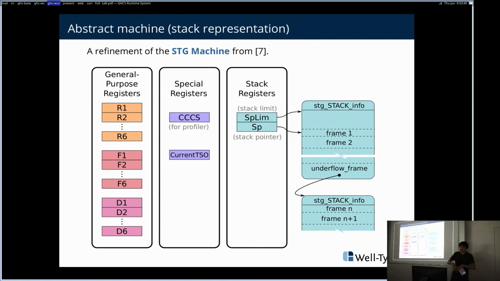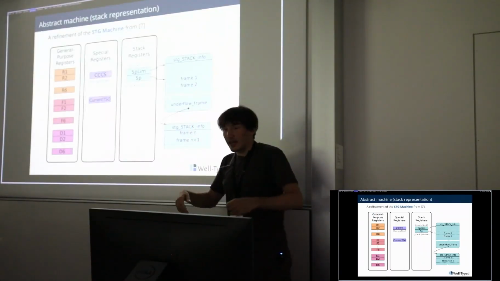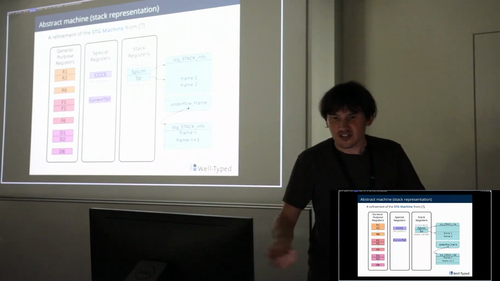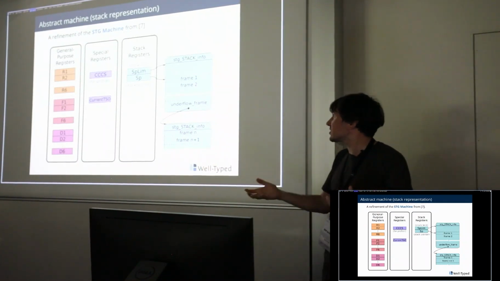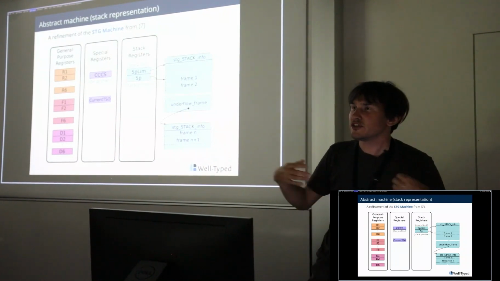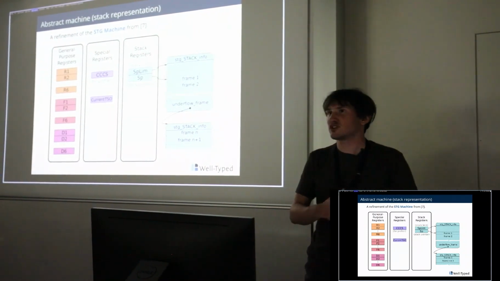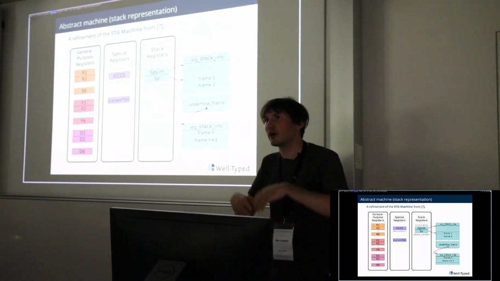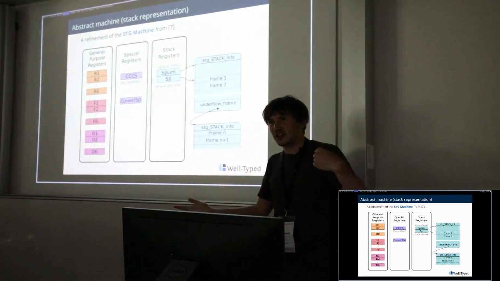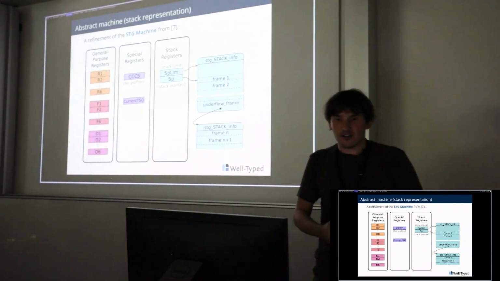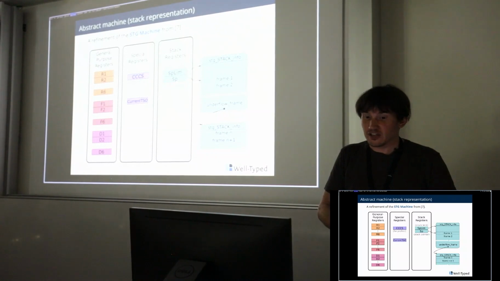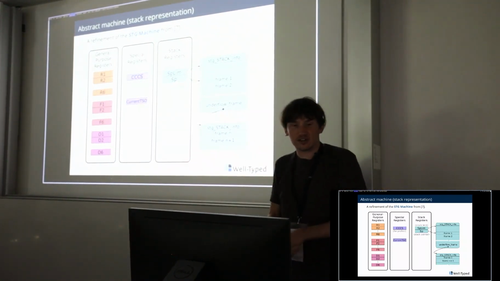We need to define how we're going to represent that stack on the concrete machine that we have. And in the case of GHC, and Haskell programs more generally, because of laziness, it tends to be that you can sometimes get very large stacks. So the usual approach that a language implementation might use in an imperative setting, where you have a monolithic stack of fixed size or bounded size, is that you will just crash if you exceed that size.